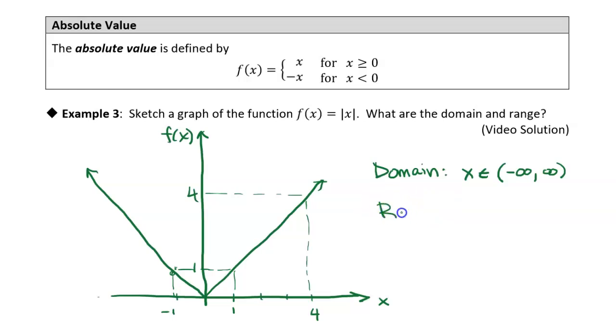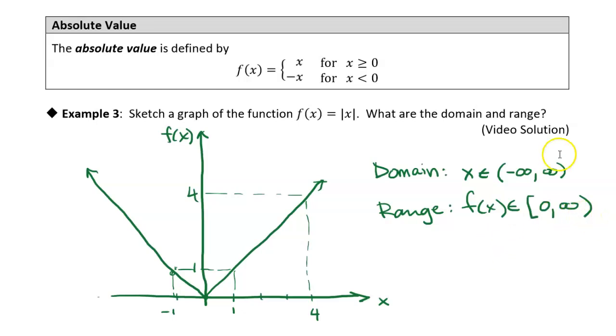The range, it's always going to be positive, right? So f of x, the least it could be is 0, and 0 is included, so I'll put a square bracket, but it can go as big as we want it to. So 0 to infinity. So positive numbers. All right.